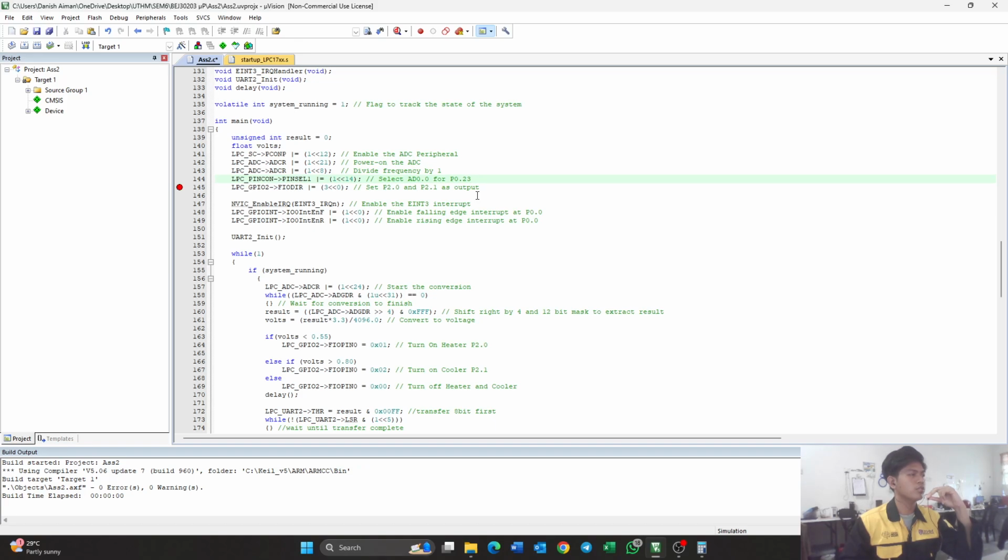So the opposite, which is 0 volt, will be 0 degrees Celsius. The input that has been set for this project is port 1, pin 0, and pin 1 as the output.